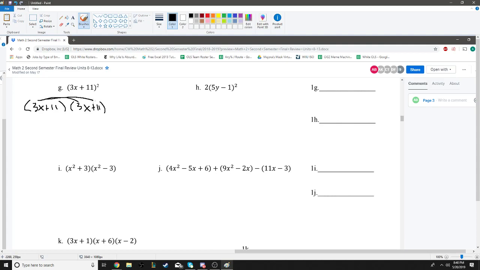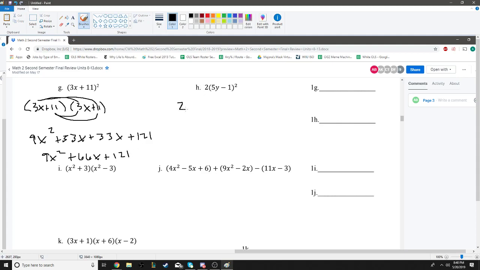Distribute the 3x, distribute the 11. 3x times 3x is 9x squared. 3x times 11 is 33x. 11 times 3x is 33x. And 11 times 11 is 121. So we have 9x squared plus 66x plus 121.